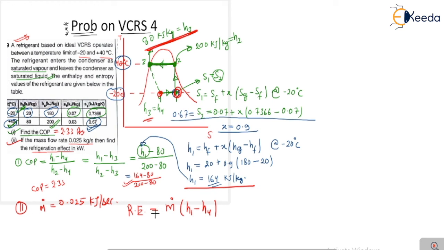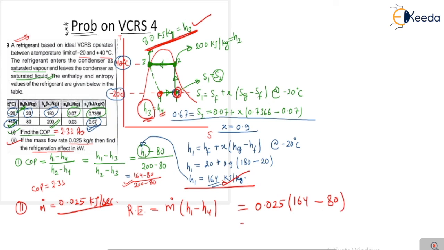And the mass flow rate is also given. So from all the given data, the mass flow rate is 0.025, and in bracket the H1 value is 164, and the H4 value is nothing but H3, and the H3 value is this 80.